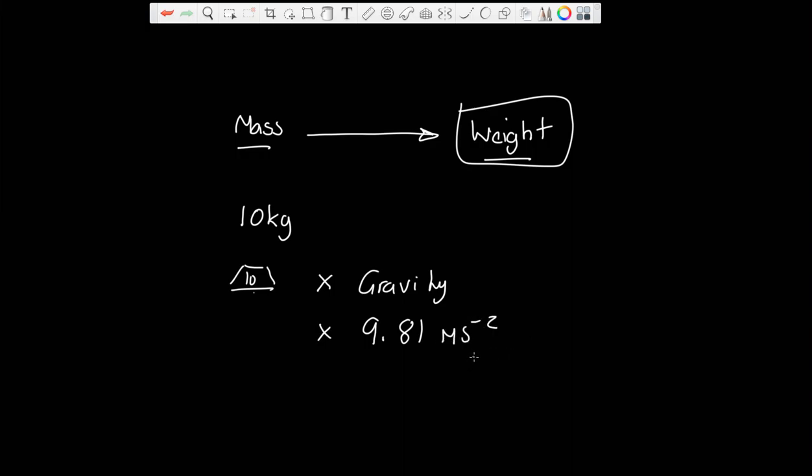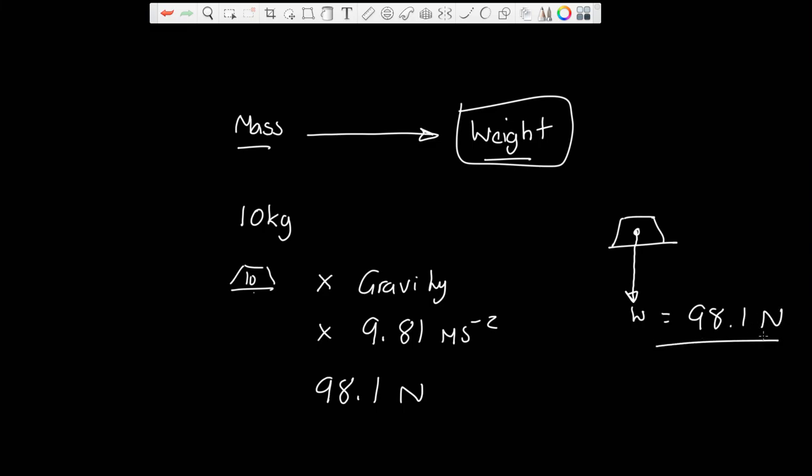And what we're effectively going to get is 98.1 newtons. So that object with a mass of 10 kilograms is going to apply a weight vector, a weight of 98.1 newtons. And that's how we go about calculating weight.